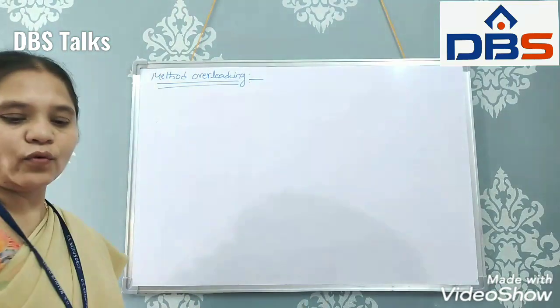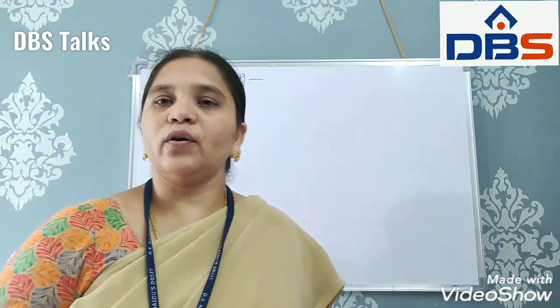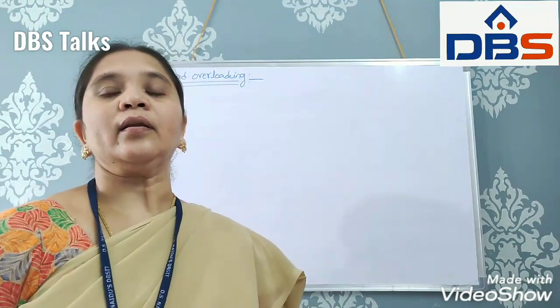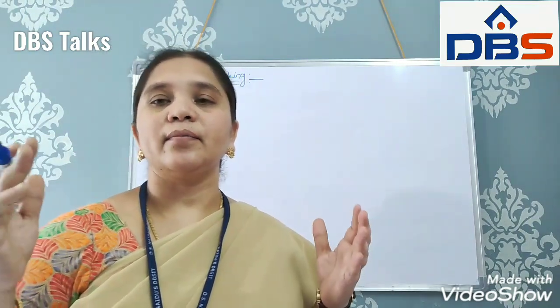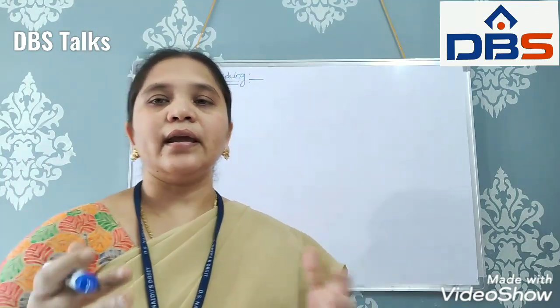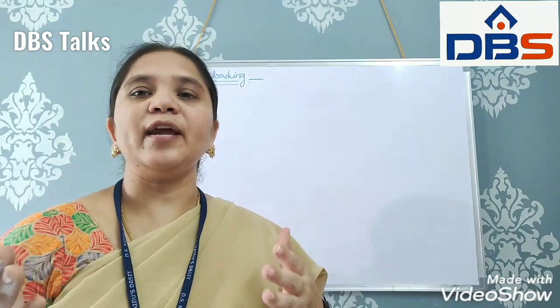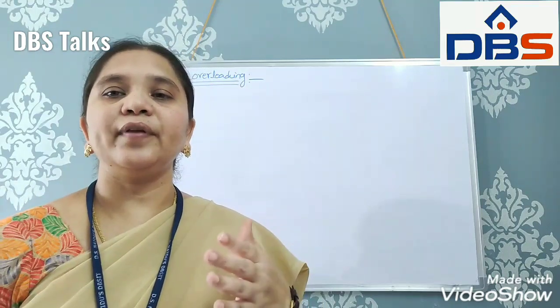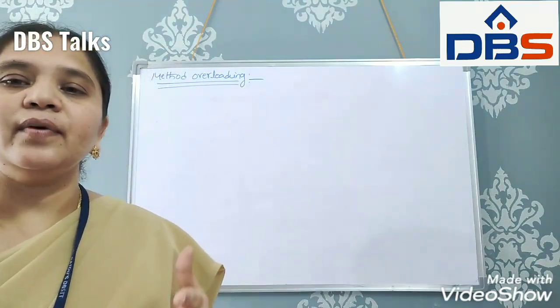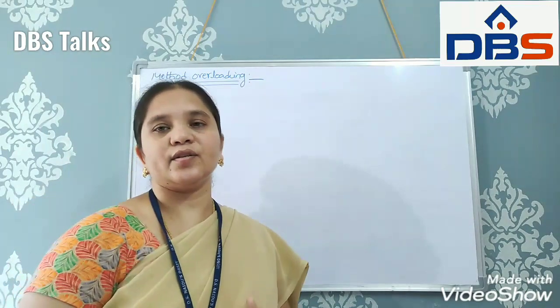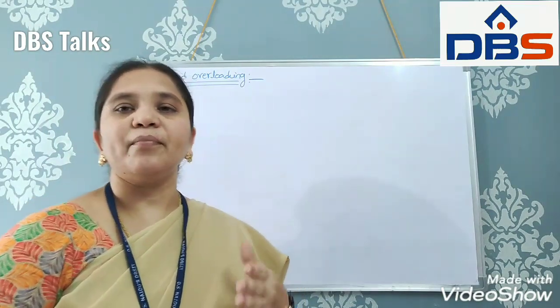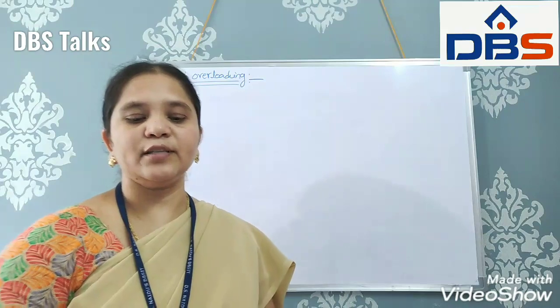Method overloading. Methods are said to be overloaded when many methods in a class use the same name with different signatures. Same name and different signature, that is called method overloading. What is method overloading?